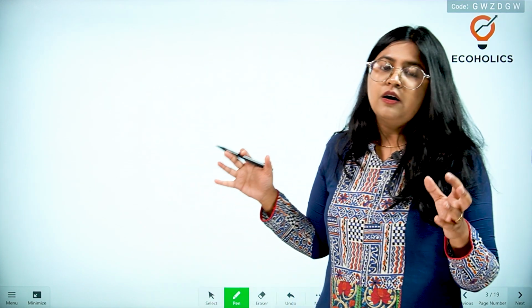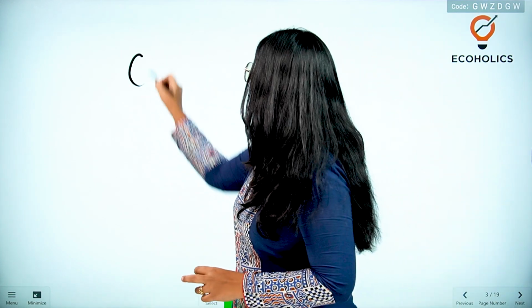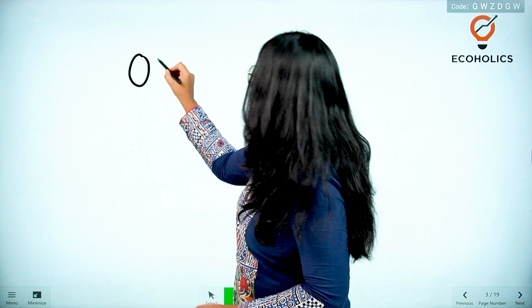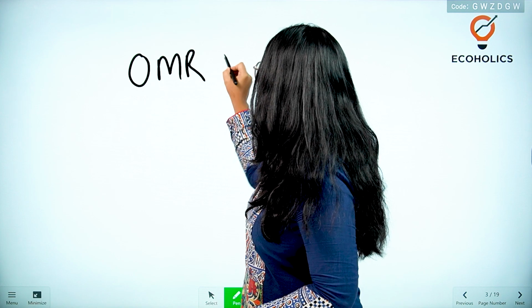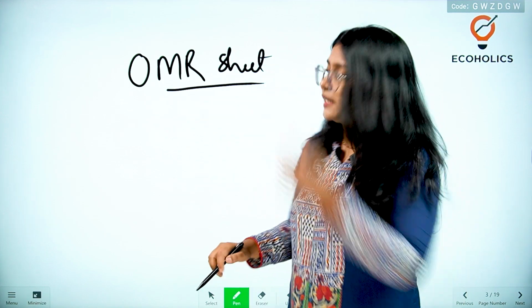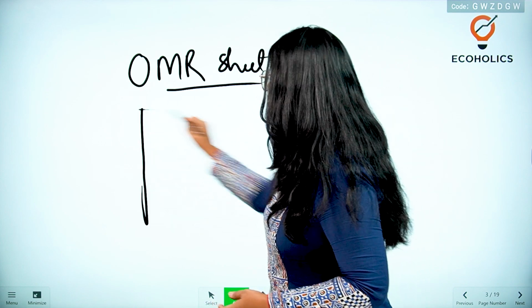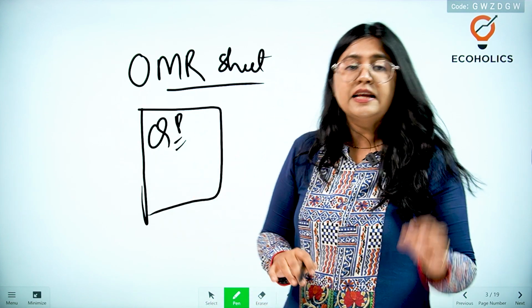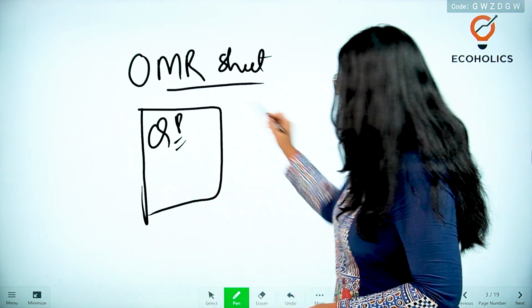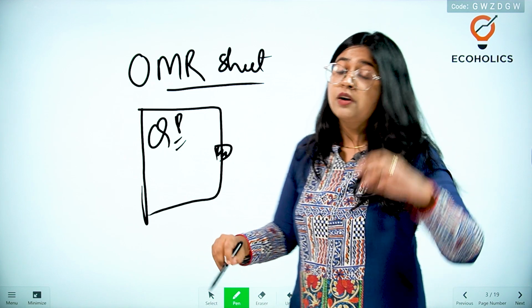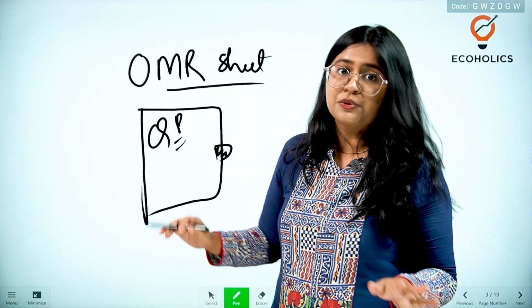Firstly, the notification says that now the examination will be in offline mode, which will be an OMR sheet mode. So what happens basically? You will get a question paper, and inside it, it will be sealed, like your 12th and 10th board examination question papers.